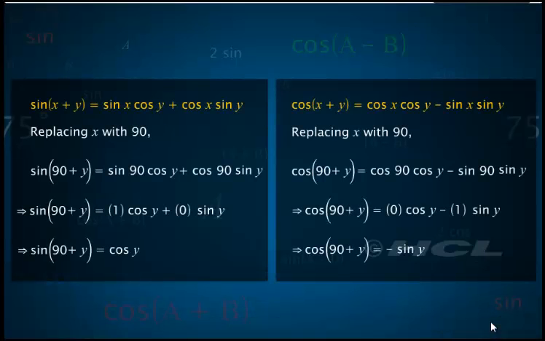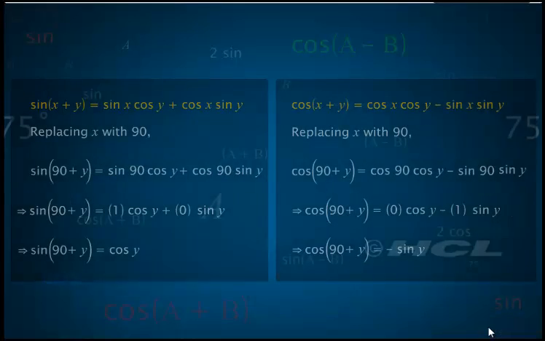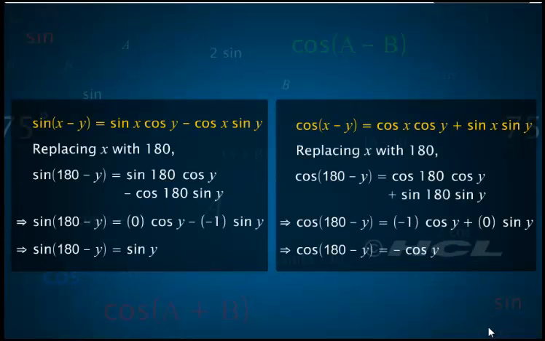Next, replacing the value of x with 90 in the sum formulae for sine and cosine, we obtain the trigonometric functions cos and sine of the allied angle 90 plus y. Next, replacing the value of x with 180 in the difference formulae of sine and cosine, we obtain the trigonometric functions cos and sine of the allied angle 180 minus y.